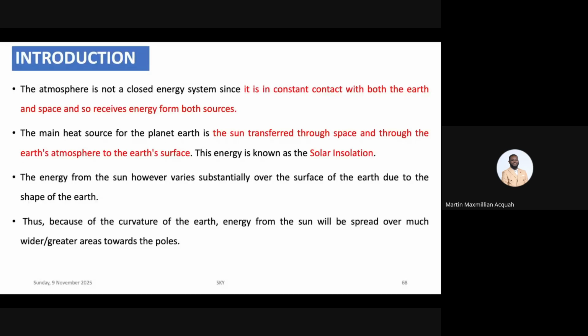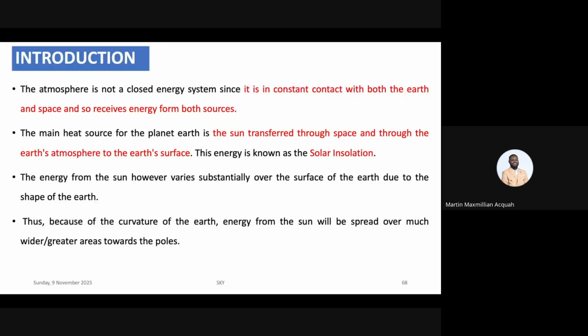And the energy released from above comes with heat. But bear this one in mind: the energy released from the sun is not hot and does not generate heat until it comes into contact with a surface or an object.